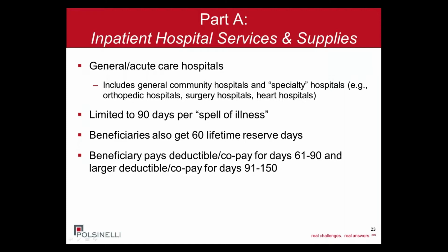And then each beneficiary gets 60 lifetime reserve days that they can draw on for any long hospital stays. From a deductible standpoint, the beneficiary deductible and copay obligations don't kick in until day 61, and then they go up over time. So the longer the stay, the more deductible and copay obligations the beneficiary will have.